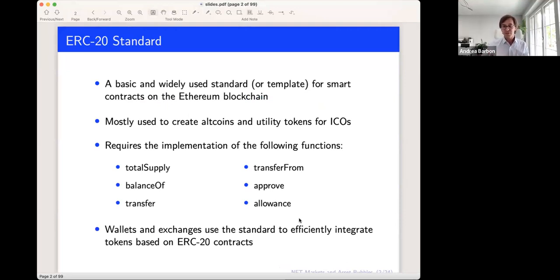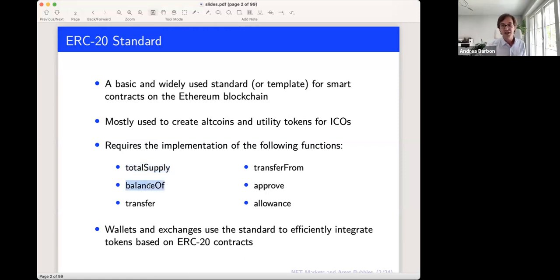Those kinds of contracts are mostly used to create so-called altcoins or utility tokens for ICOs or for crypto-related projects. The ERC20 smart contract actually requires the implementation of some functions that need to be there in the smart contract. For instance, you have the function totalSupply that will tell you how many units of the tokens are available in circulation.